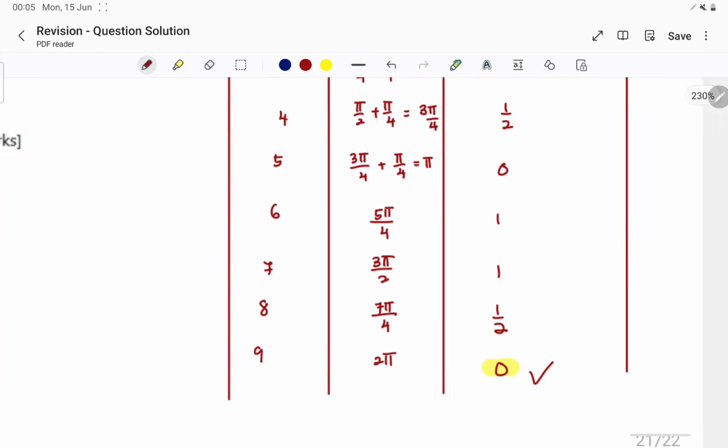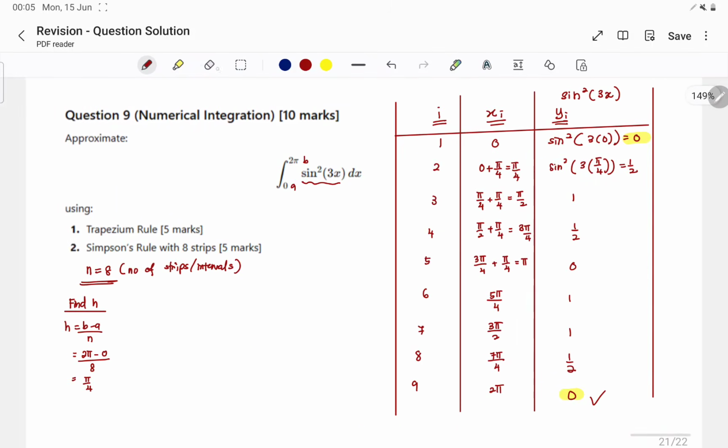Where to get all of these values? From here. This is your first and last value, and then these are your evens, multiplied with 4, then the remaining odd ones, this one plus this one plus this one, multiplied with 2.